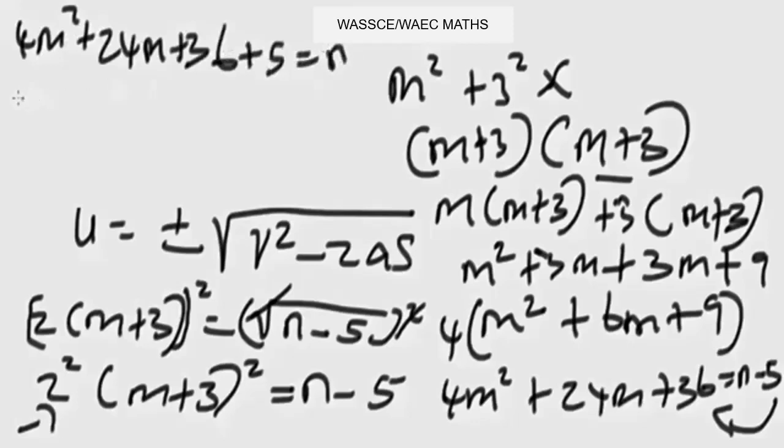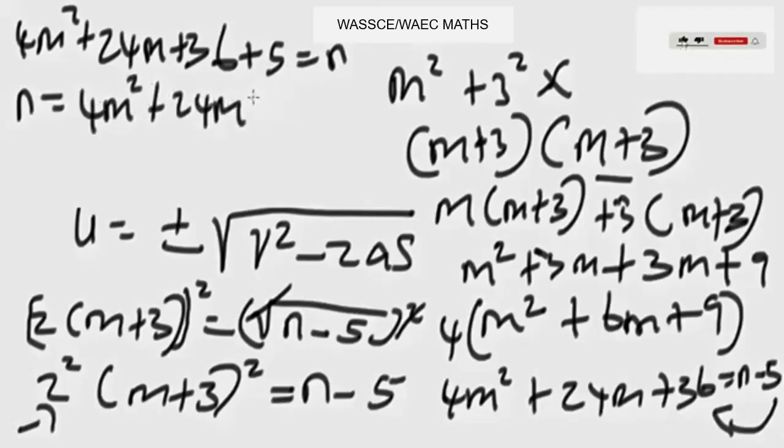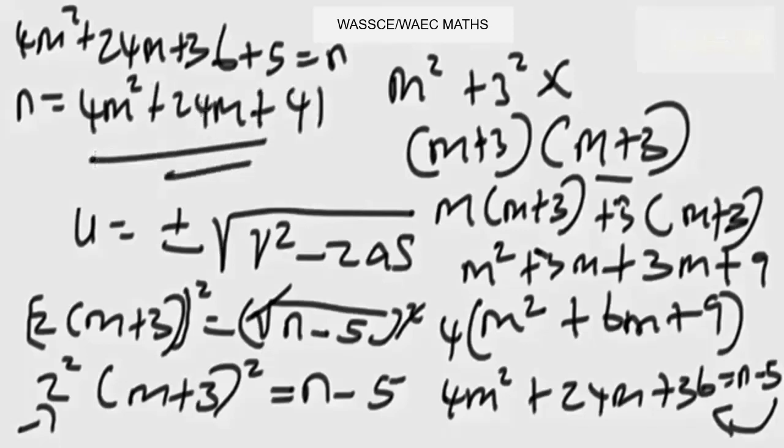Our final result n will be 4m square plus 24m, now 36 plus 5 will give us 41. That's plus 41, and that will be the final result to this question. It's as simple as that, guys.